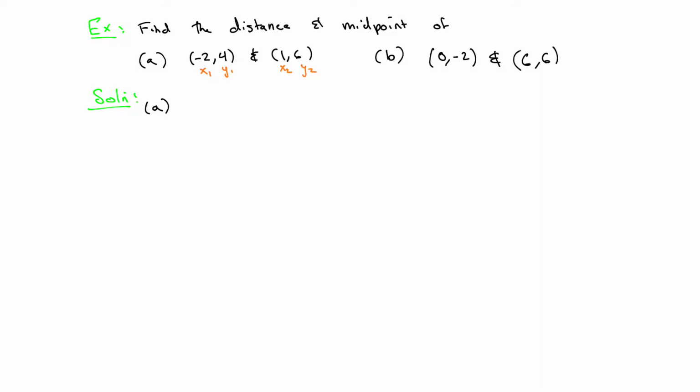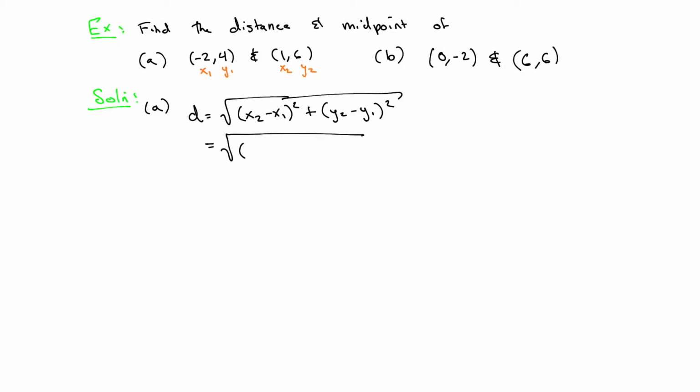But anyways, so capital D is equal to the square root, and you don't have to rewrite the formula, but I like to do it because it helps me memorize it. So it's x sub 2 minus x sub 1 squared plus y sub 2 minus y sub 1 squared. And just following right along, that'll be the square root of x sub 2, which is 1, minus negative 2, which would be plus 2, squared.